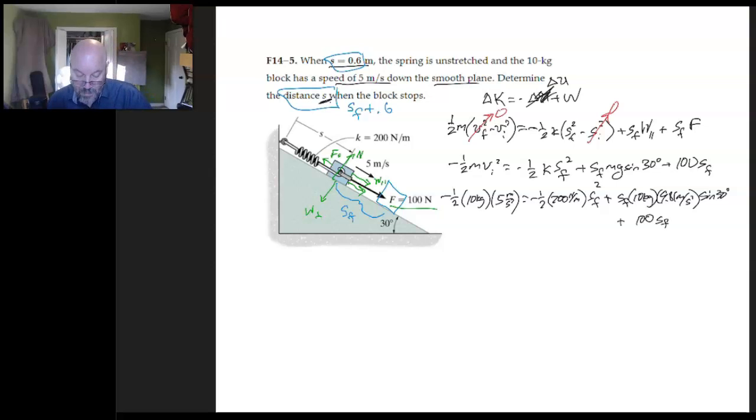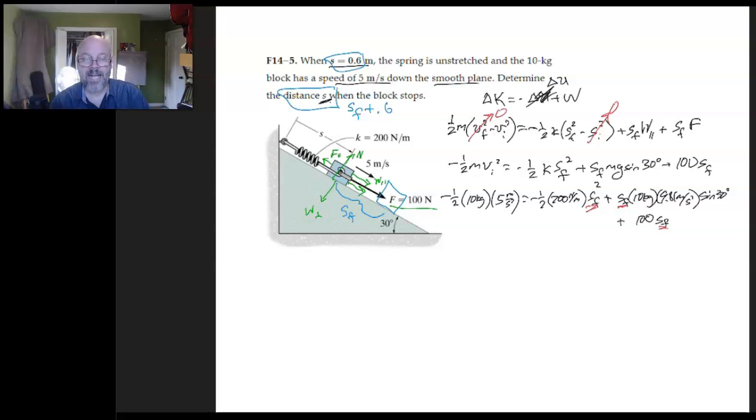There we go. Okay, so it's kind of yucky looking, but it's a lot of numbers. The only thing I don't know is my SF value. Okay, so I have a quadratic equation there to be solved.